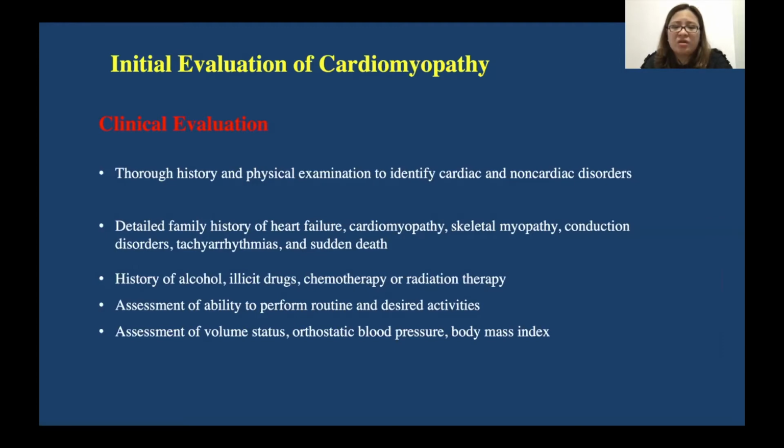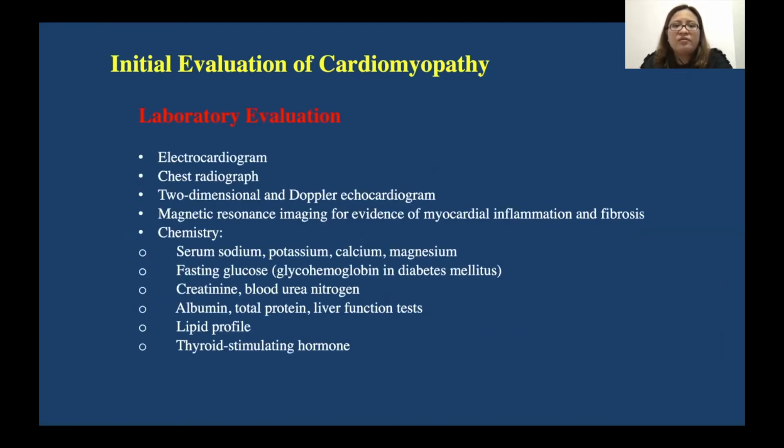So you should check your blood pressure on sitting, lying down, and standing position. You should also compute for the body mass index. After your clinical evaluation, to confirm your diagnosis, you should request for ECG. You want to know if there is rhythm abnormality, or you want to take a look if there is chamber enlargement and ischemic changes.